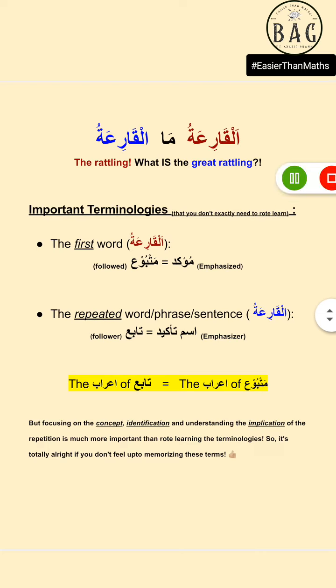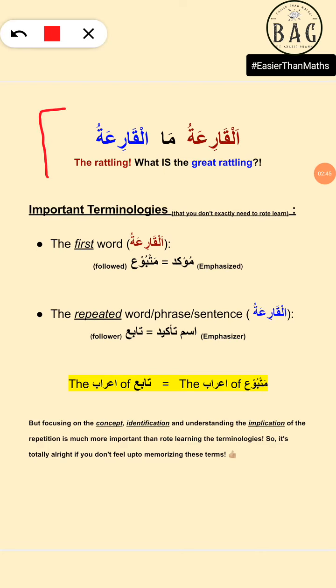Now, the important terminologies: if you want to know them, it's fine, and if you want to steer clear of them, it's totally fine as well. You don't have to memorize these terminologies. Just remember the concept and the implication.